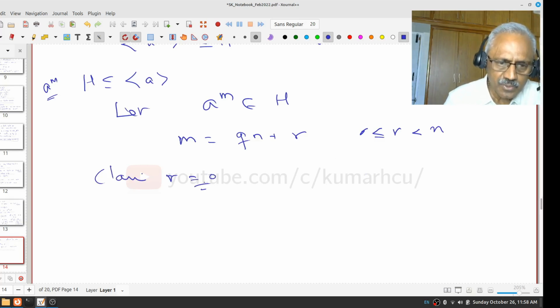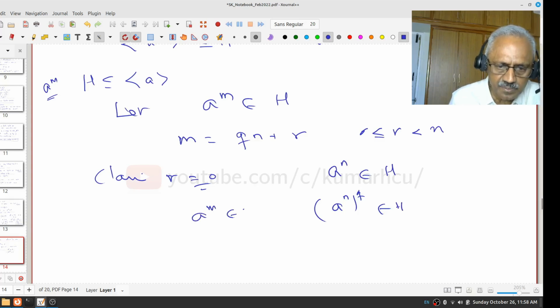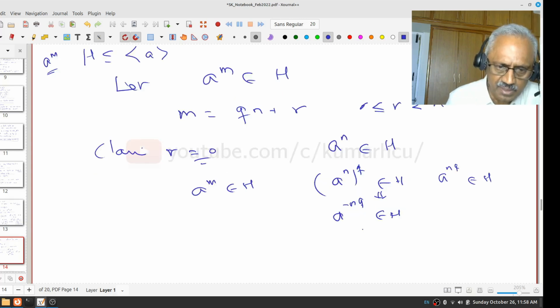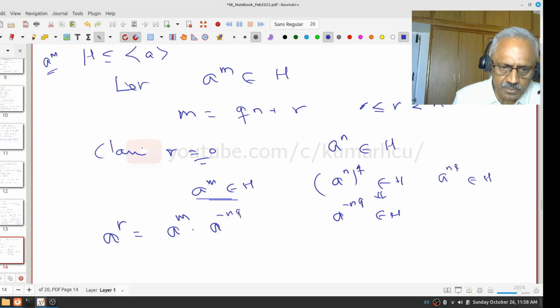Now notice that a to the power n belongs to H, therefore (a to the power n) to the power q also belongs to H. Its inverse, a to the power minus nq, also belongs to H. And a to the power m belongs to H. Therefore a to the power r, which is a to the power m times a to the power minus nq, belongs to H.